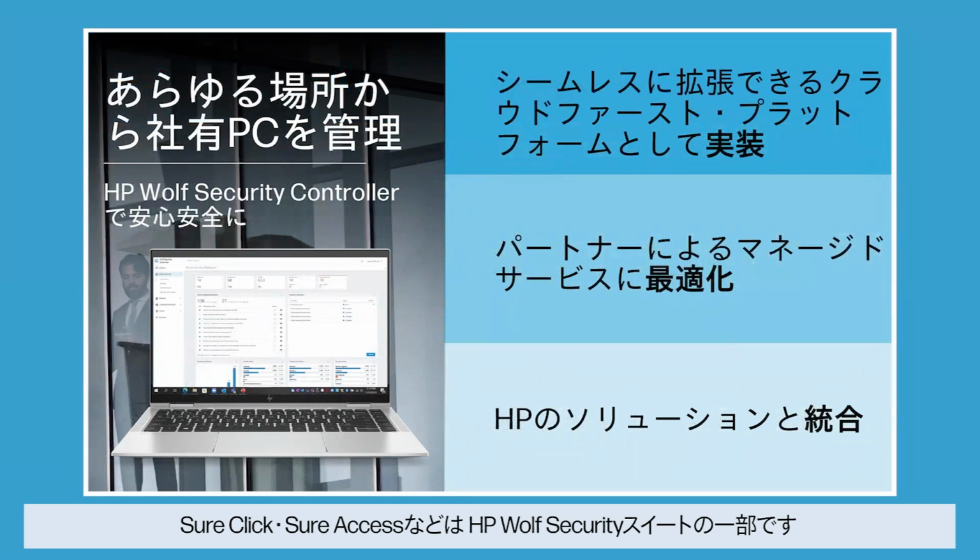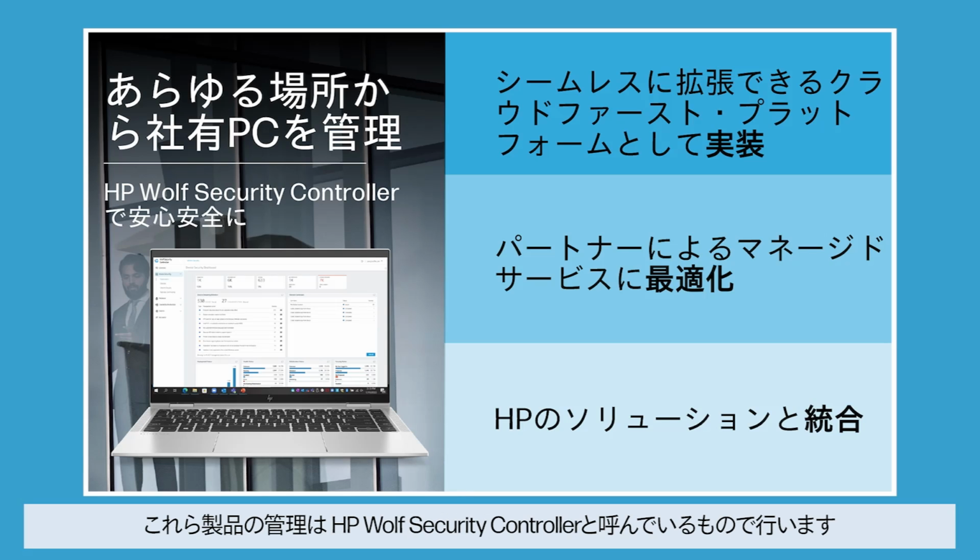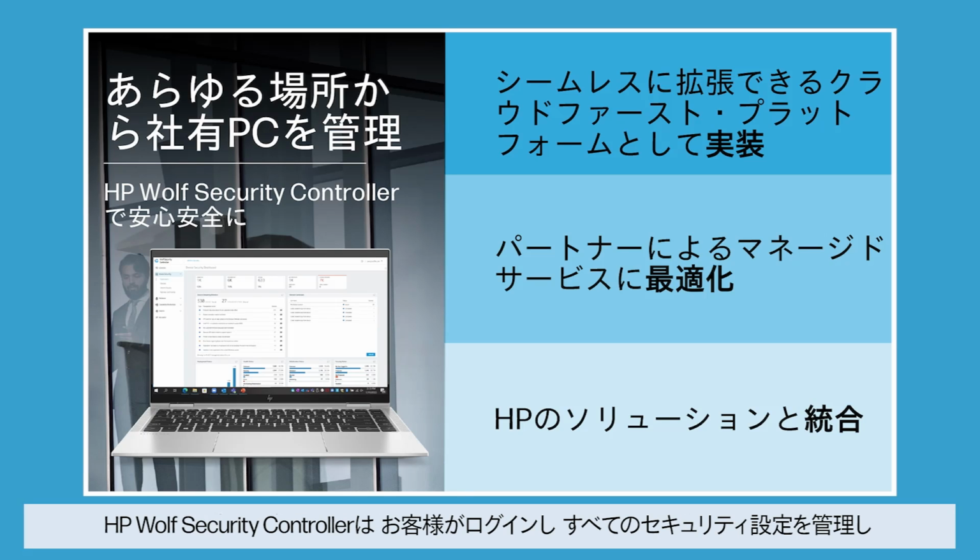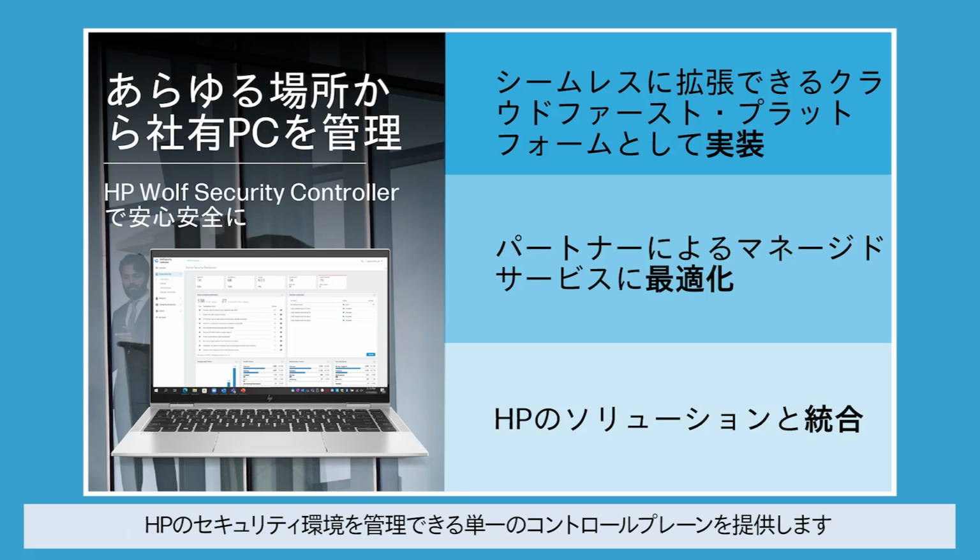So how do we manage our Wolf Security products, SureClick, Sure Access, and other parts of the Wolf suite? We do this through something we call the Wolf Security Controller. Our Wolf Security Controller gives customers a single control plane that they can log into, to manage all of the security settings and manage the HP security environment.